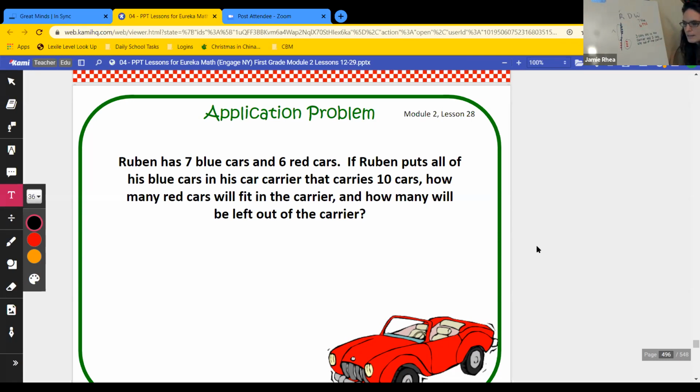So if I add the question, how many red cars will fit in the carrier and how many will be left out of the carrier, I can say 3 cars are in the carrier and 3 cars are left out of the carrier. So that will help me solve my mystery. Okay, so that case is closed. We can actually erase and move on and get ready for our lesson today with our video.